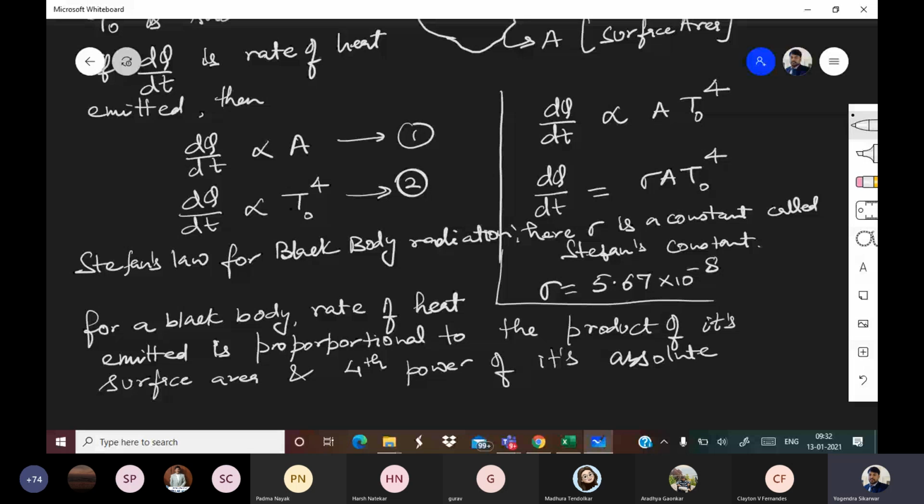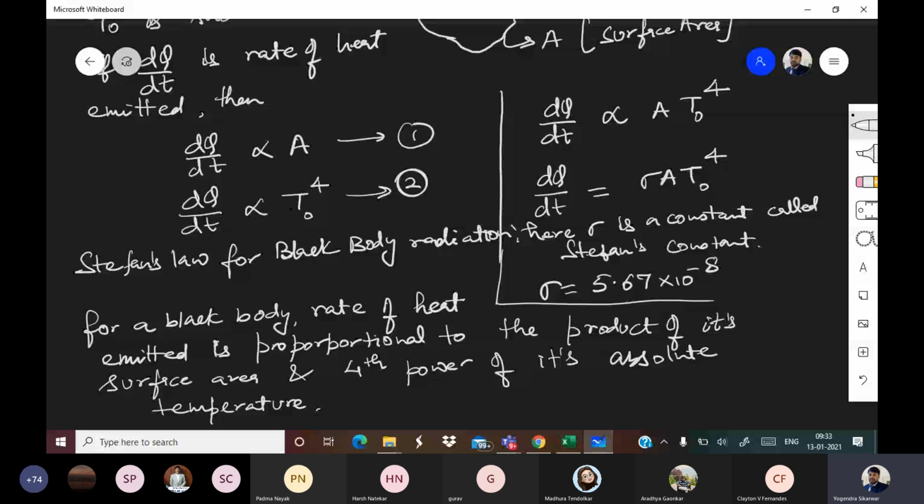So dq by dt is proportional to A into T naught to the power 4. Sigma is a constant. If you change the area, dq by dt will change.